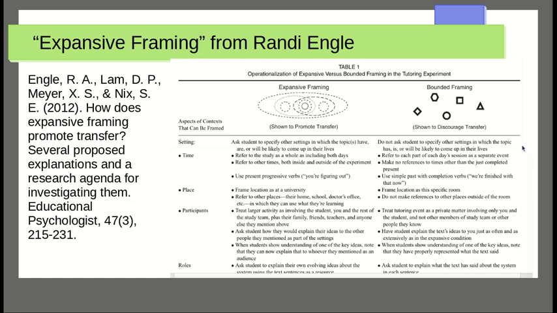I think I have more on the next slide about it, but they ran an experiment for a couple of days, and when they were talking to students, they would refer to the study a little bit more generally over both days. But for example, bounded framing in their study with their participants, if the study spanned different days, they would refer to each part of the day session as a separate event.